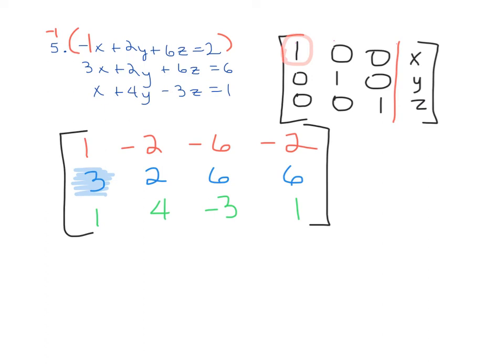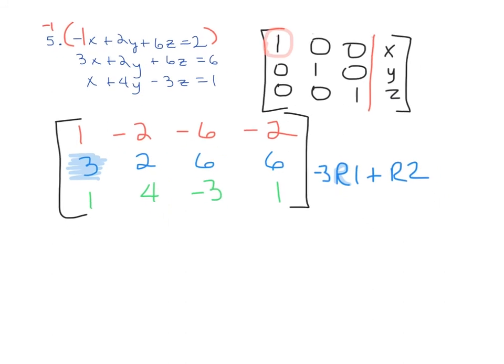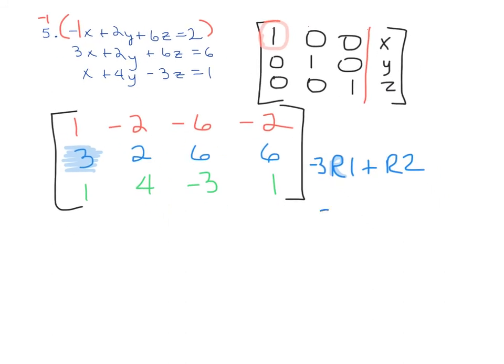So I'm going to multiply row 1 by -3 and then add it to row 2 to get that 3 to become a 0. So my row 1, after I distribute the -3 to it, becomes -3, +6, +18, +6.